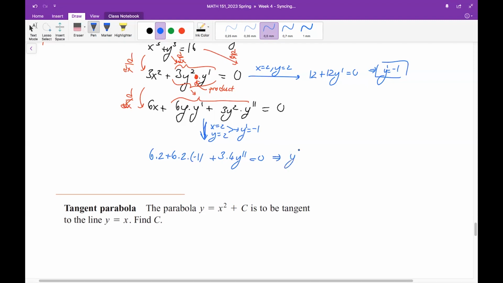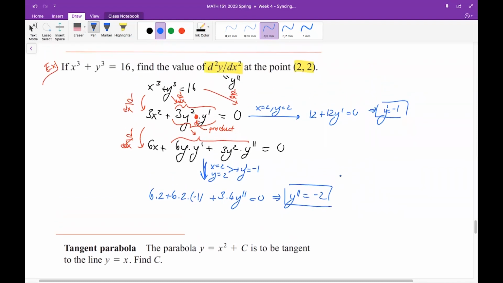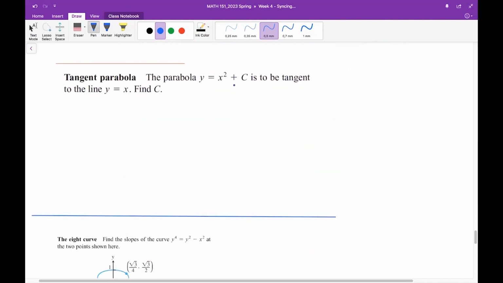So from this line, y double prime is solved as -2 at the given point. Okay? So we applied implicit differentiation twice to find y double prime at the given point. Any questions? Okay, then let me move on.